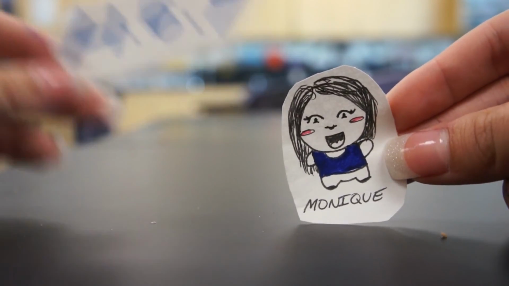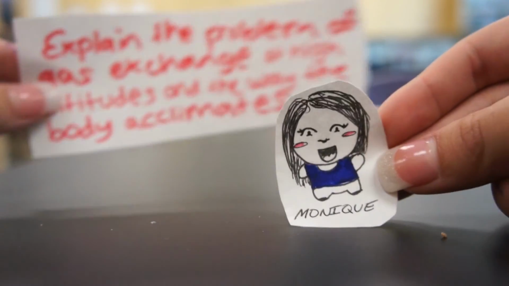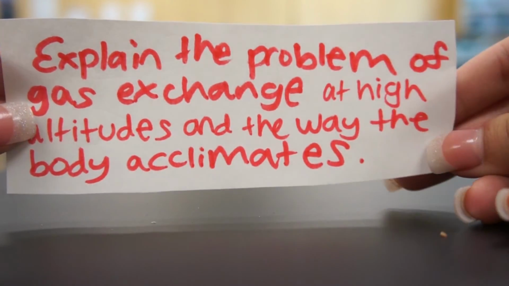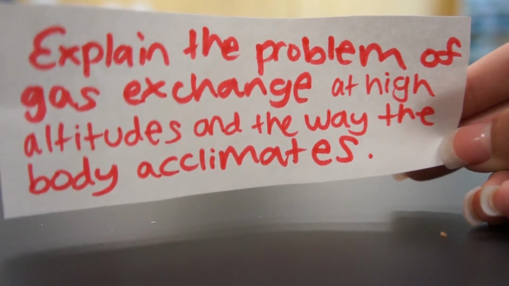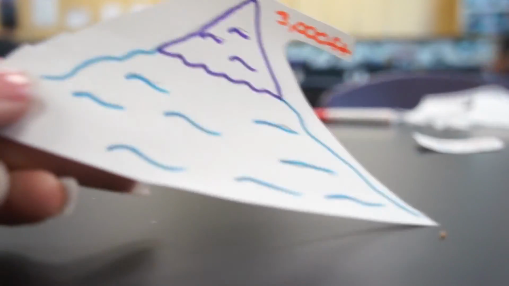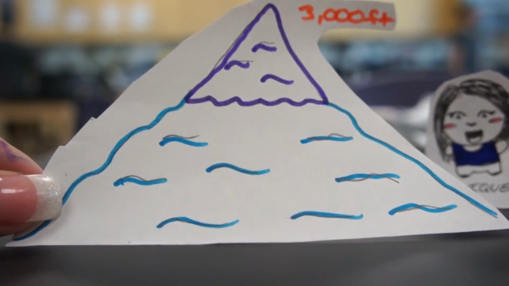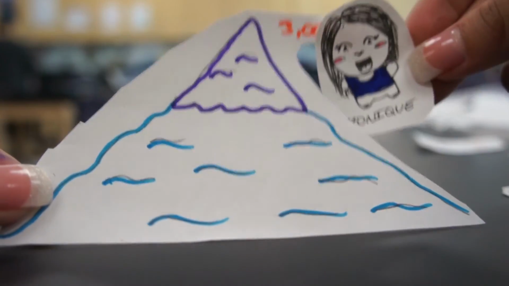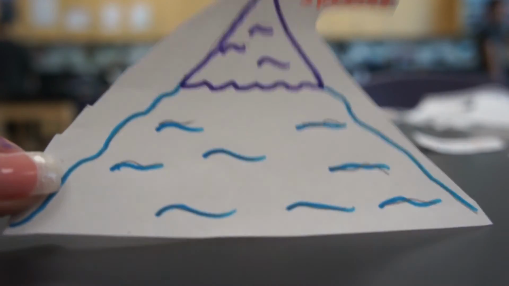After H.6.6, we go to H.6.7, where we will explain the problems of gas exchange at high altitudes and the way the body acclimatizes. So, at high altitudes, the air pressure is lower. Hence, there is a lower partial pressure of oxygen, and therefore there is less oxygen in the air.